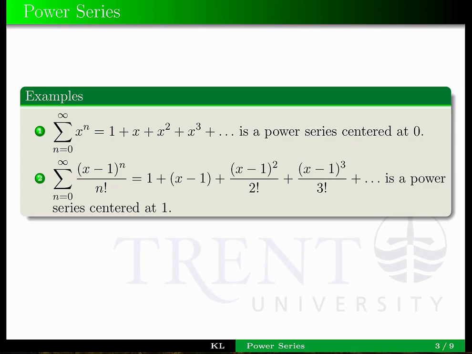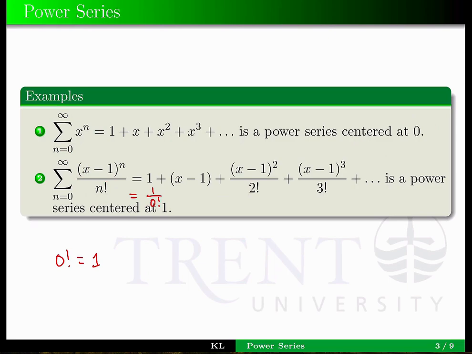Then another power series here: we have the sum from n equals 0 to plus infinity of (x minus 1) to the power n divided by n factorial. If we expand this, when n equals 0, we have 1 over 0 factorial, but 0 factorial we define to be equal to 1.